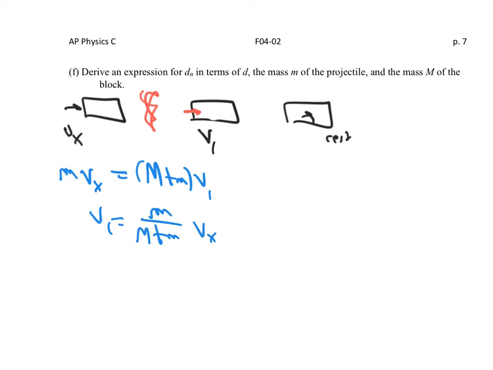And then that gives us a kinetic energy, which is 1/2 their combined mass times V1 squared.